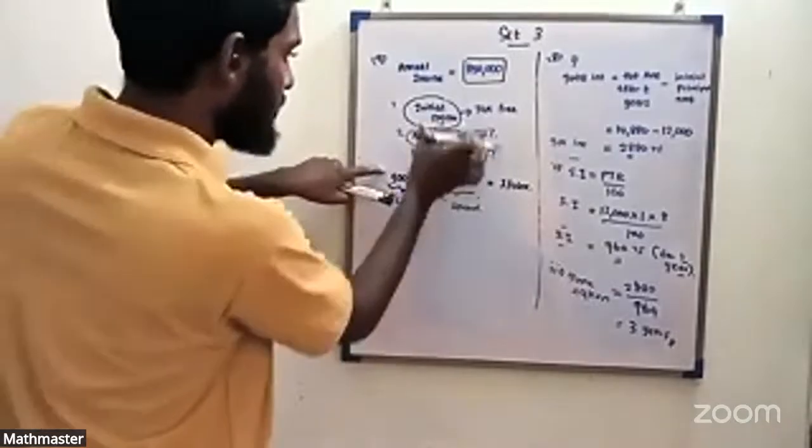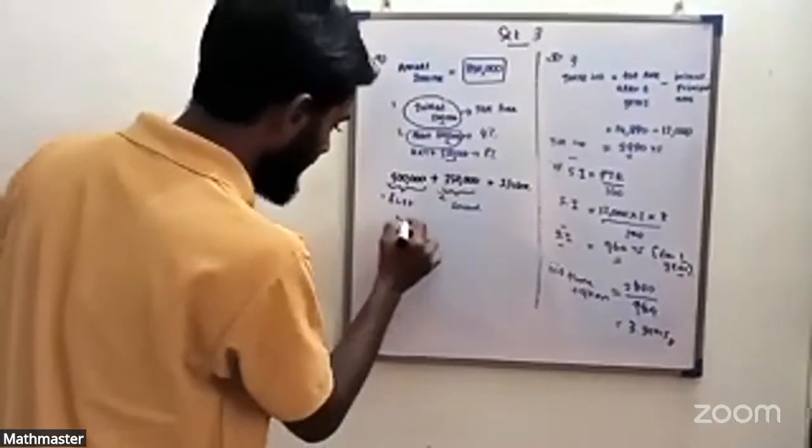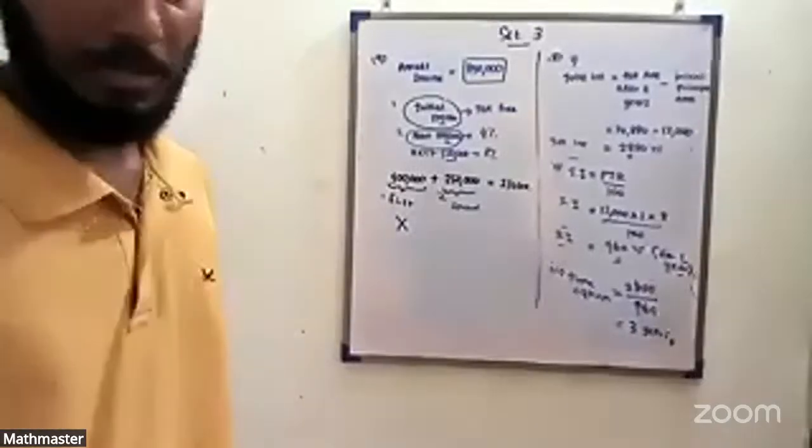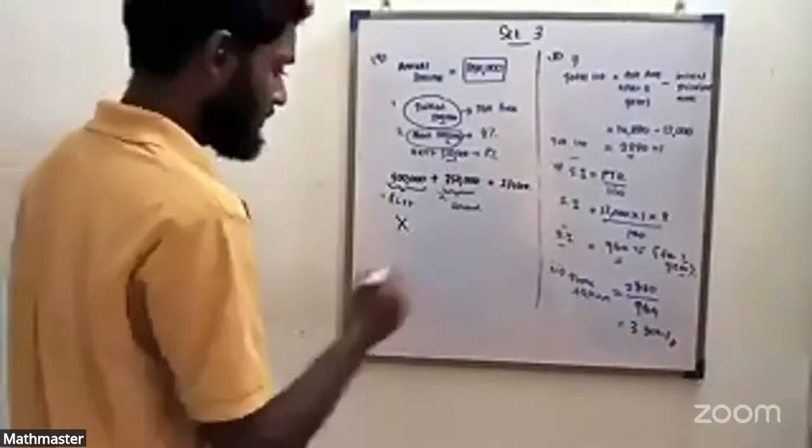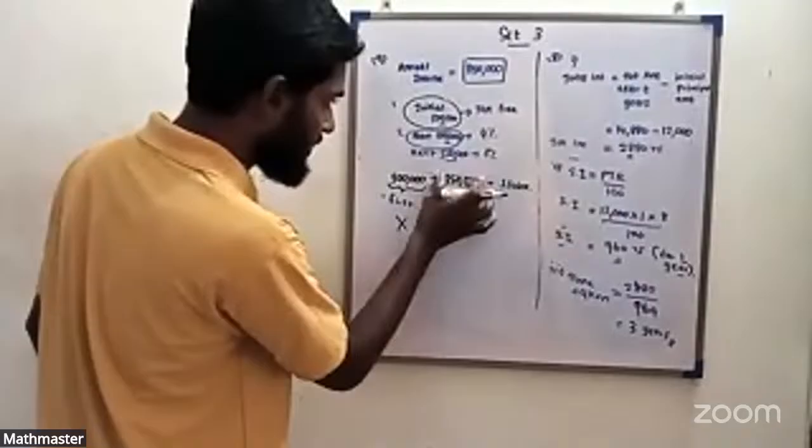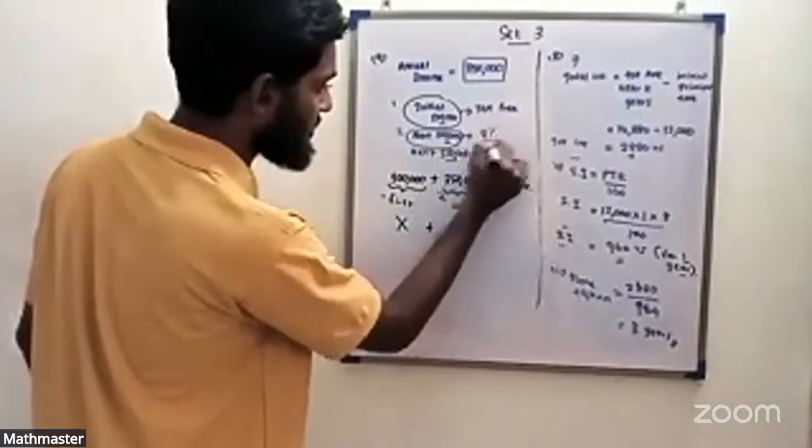First bundle, first 500,000 tax free. That means no tax for this part. Plus this part, second bundle. What is the tax percentage? 4%.